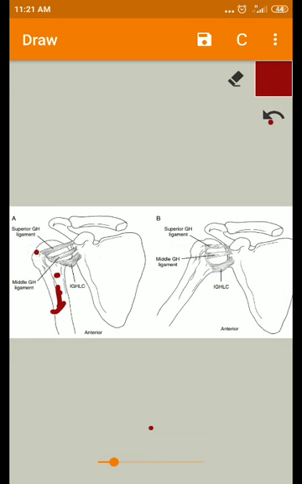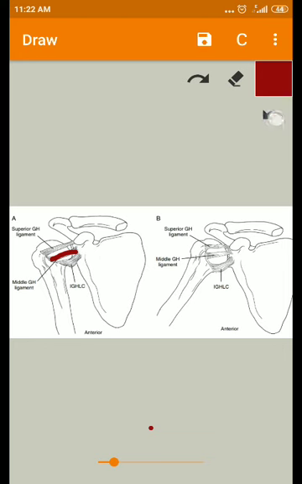Whereas the middle glenohumeral ligament is giving joint stability anteriorly when the arm is at rest as well as when the arm is abducted up to 60 degrees, by preventing the anterior translations of the humeral head.